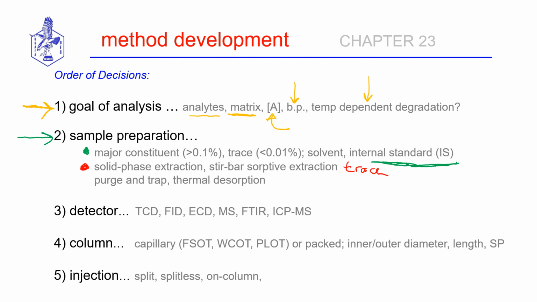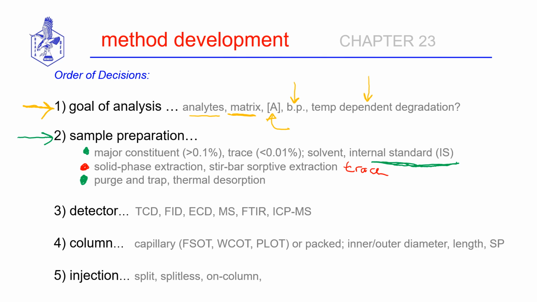We'll talk about those later. If we're dealing with volatile components, we may want to carry out a preparation known as purge and trap, where we heat the sample and then we capture the gaseous species that come off. And thermal desorption is another option in that regard.